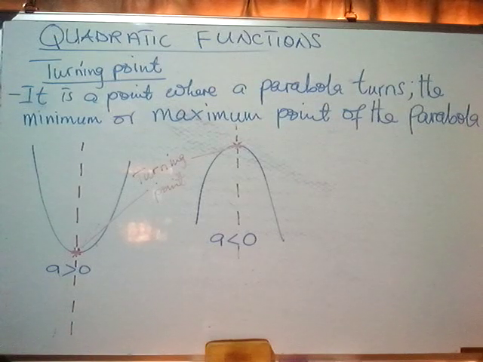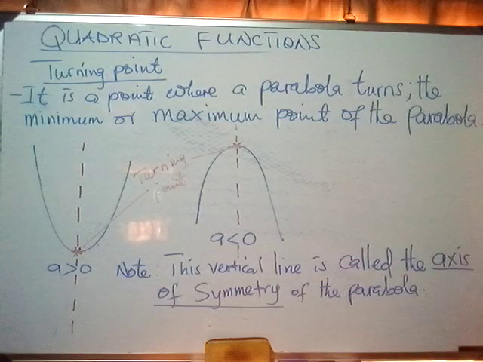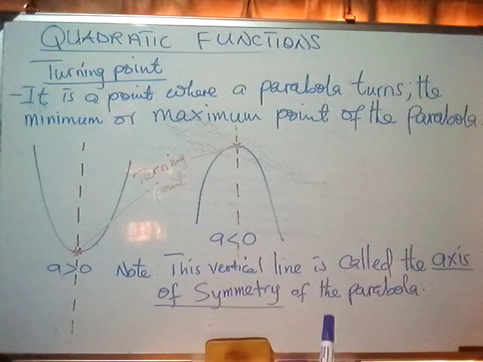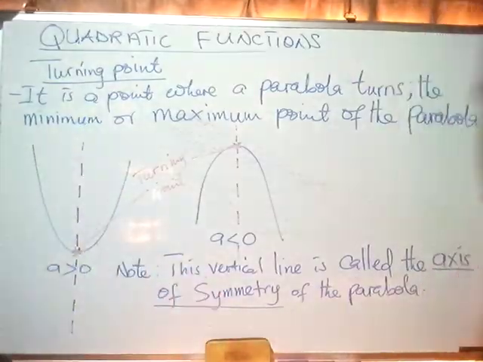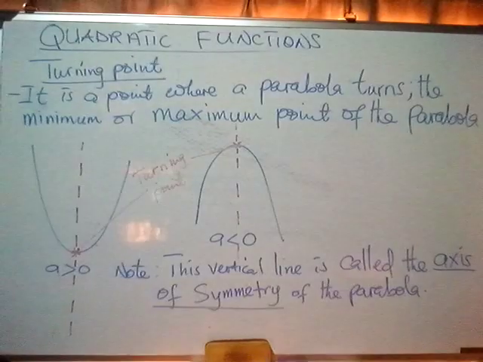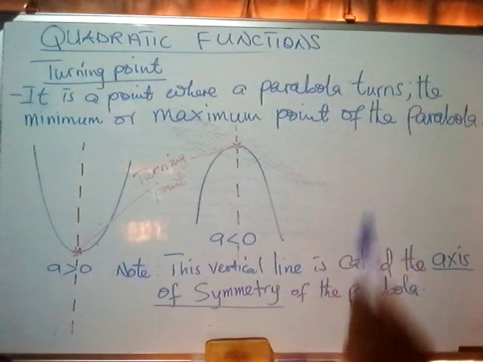What else do we have? Let us now look at what we mean by axis of symmetry. Note this vertical line we have just drawn there. This vertical line is called the axis of symmetry of a parabola.